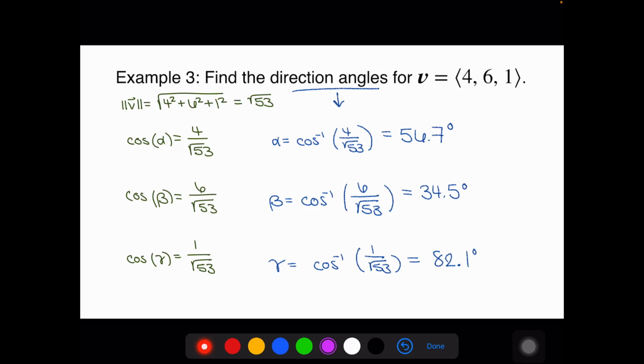Angle beta, I got 34.5 degrees. That's the angle between the positive y-axis and the vector. And finally, the angle between the positive z-axis and the vector, I got 82.1 degrees. So those are my 3 direction angles, which really just give us information about where exactly that vector is in space.